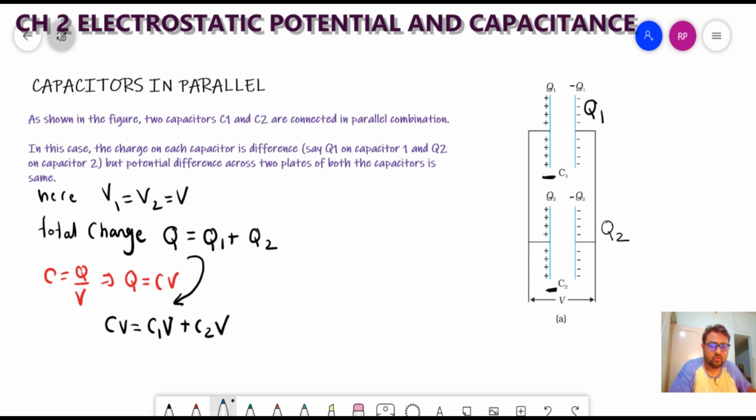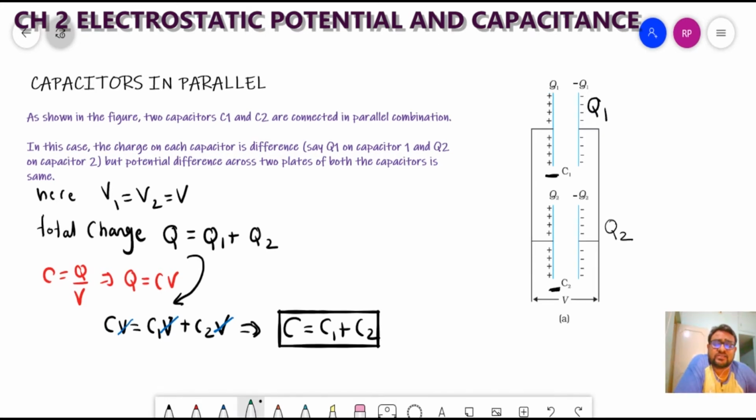So what happened? V gets cancelled. The final formula we get: C equal to C1 plus C2. So when two capacitors are connected in parallel, the equivalent capacitance will be equal to C1 plus C2. That means summation of both the capacitors.